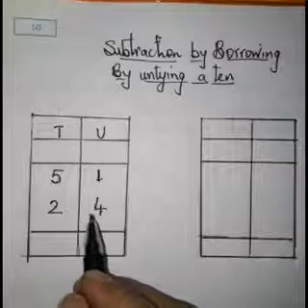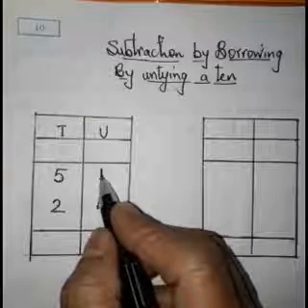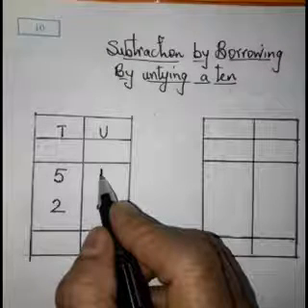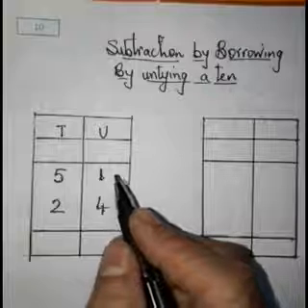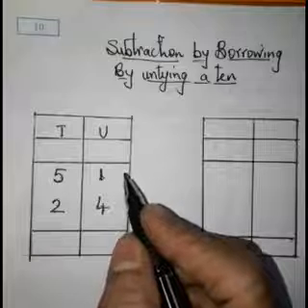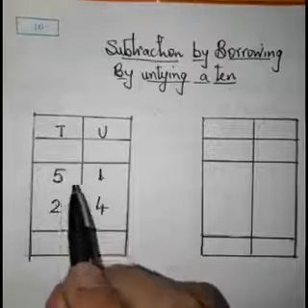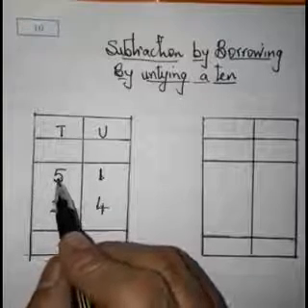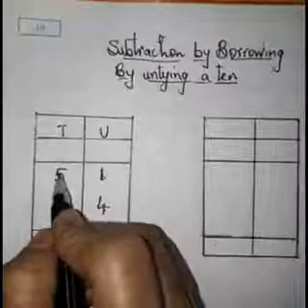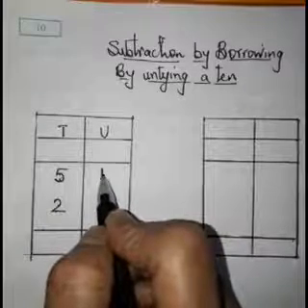Now I cannot subtract 4 from 1. Okay, so I exchange 1 10 rupees note for 10 single rupees. That means from here 1 10 rupees I'll take over here, convert it into unit.